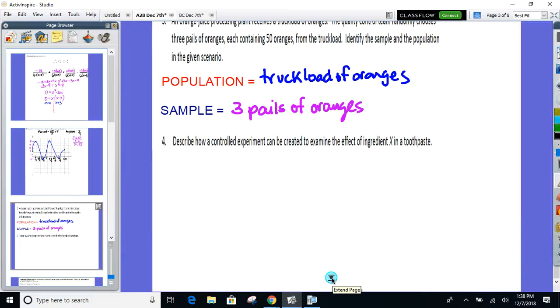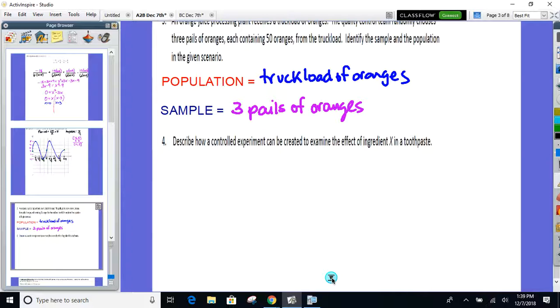All right. And then number 4, what's a controlled experiment? The biggest part of a controlled experiment, you put them into 2 groups that you select, and then one group gets the treatment, the other group gets some fake stuff, not the treatment, right? And as crazy as you think this is with the toothpaste with ingredient X, it's a Regents question.